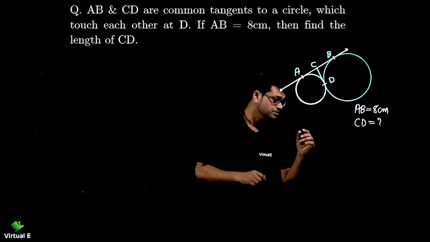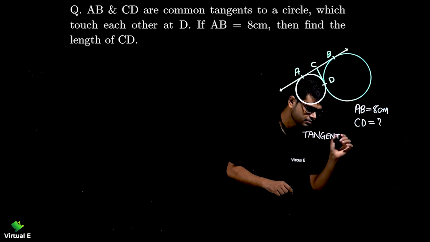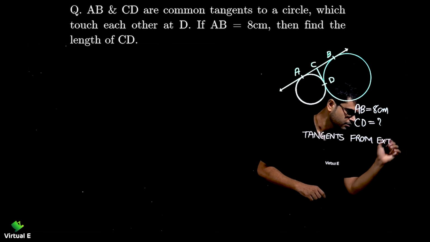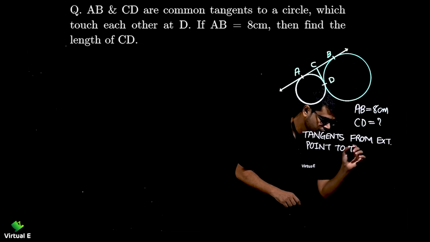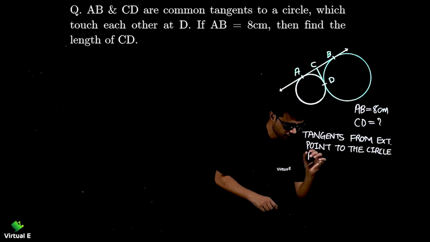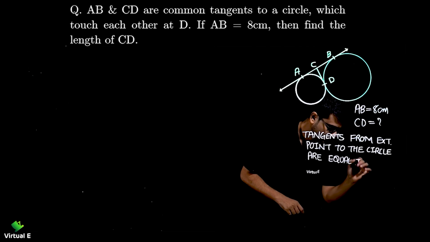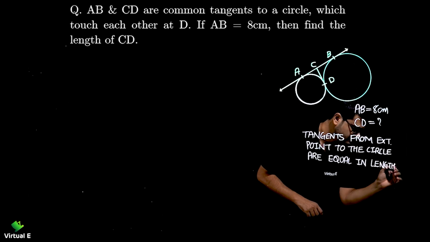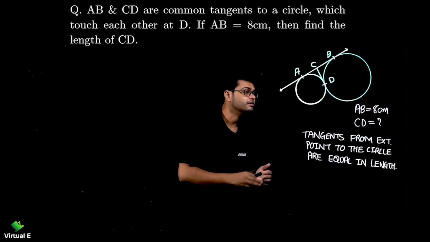Let's write it first: tangents from an external point to this circle are equal in length. Simple, done. Mention this statement every time you use this concept because it's necessary. We need to write the theorem, right?